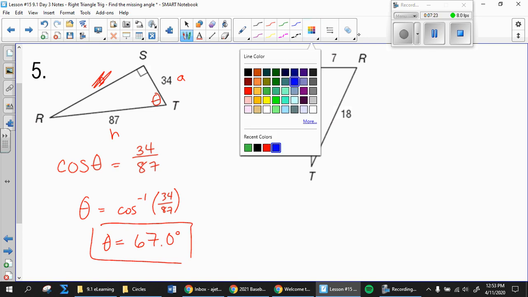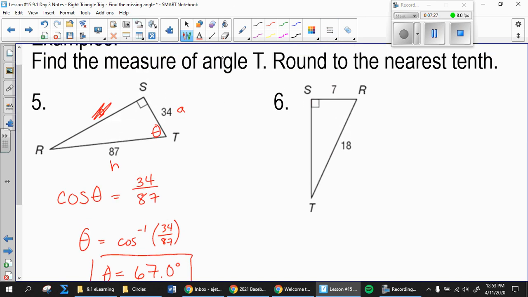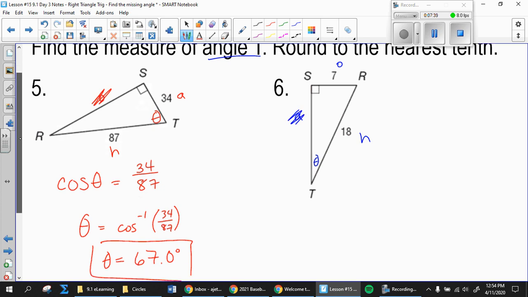Over here, exact same thing. I'm going to go ahead and label theta, my angle that I'm looking for. So we're looking for angle T. So I'm going to put my theta here, label my sides, hypotenuse, adjacent, opposite. I don't need the adjacent side. So go ahead and choose opposite and hypotenuse.